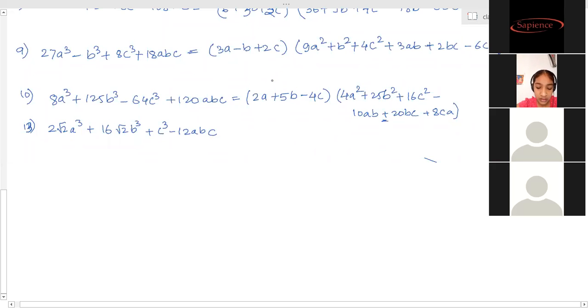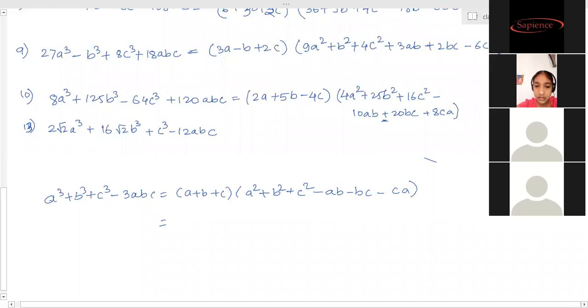The identity is a cube plus b cube plus c cube minus 3abc is equal to a plus b plus c into a square plus b square plus c square minus ab minus bc minus ca.